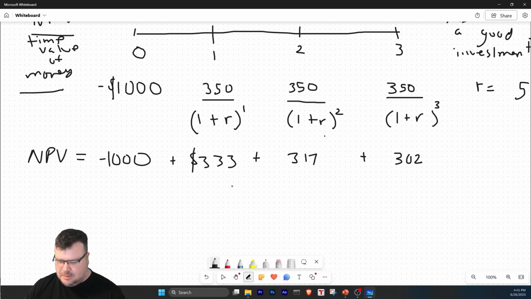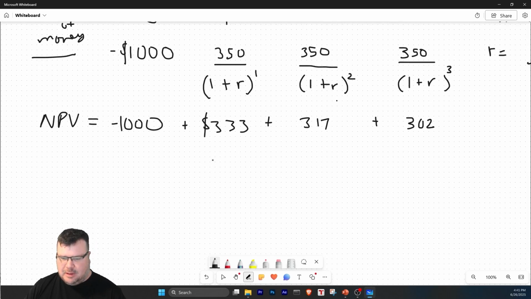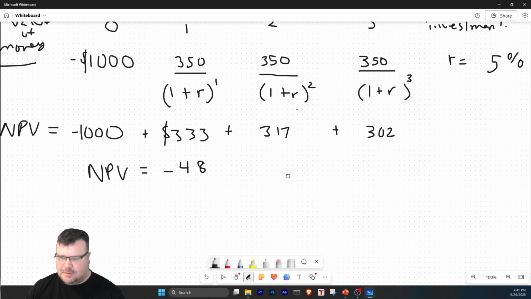And now, when I add this all up, it's going to equal minus 48. So net present value equals minus 48 with a discount rate of 5%.